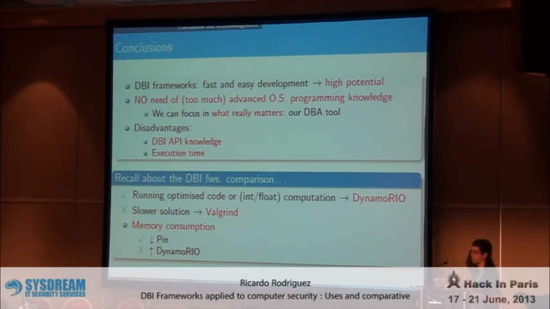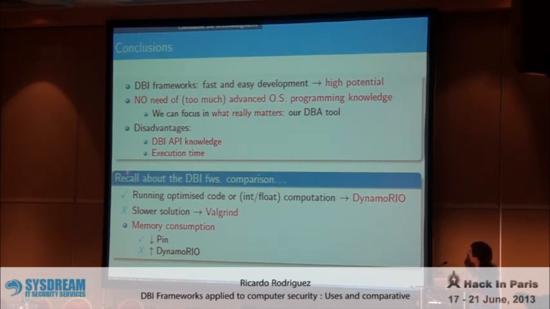There is no need, or not too much, of advanced knowledge in operating system programming, depending on the kind of tools you want to do. One benefit of DBI frameworks is you can focus on what really matters, that is, what you want to do. The main disadvantages are that you will need to know the functions of the DBI, and of course, the execution time.